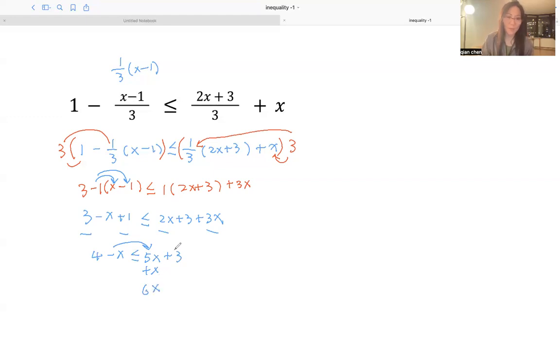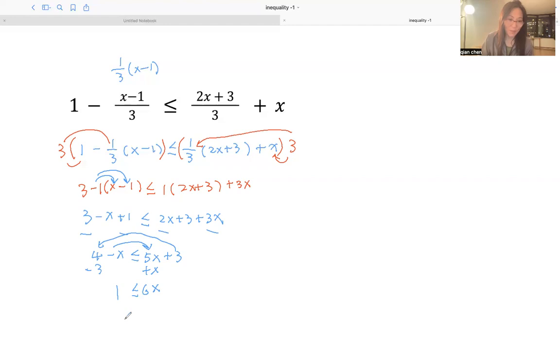Similarly, I'm going to move this positive 3 to the other side. When I move it to the other side, it becomes negative. So 4 minus 3 equals 1. I keep the sign. So I get 6x greater than or equal to 1, or 1 less than or equal to 6x.